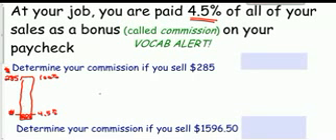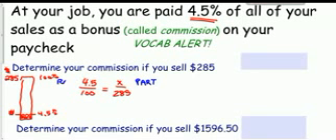We want equivalent ratios. So we want the ratio of 4.5 over 100 to be the same as the ratio of this unknown dollar amount, x, over 285. Essentially, when I set up a percentage with a proportion, I'm putting on top the part that refers to that percentage. So the percent that we refer to is the part that we're looking for.